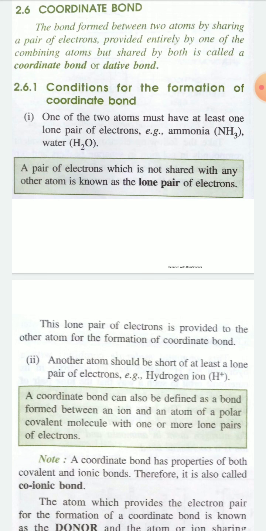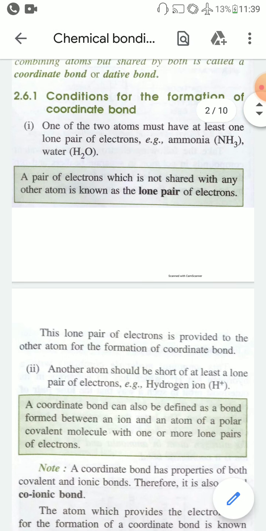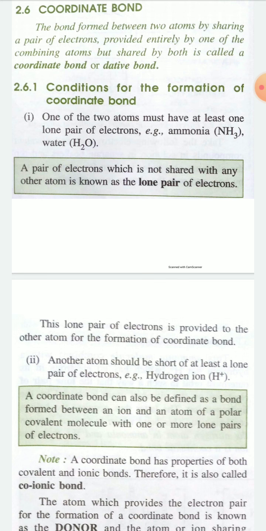Now, conditions for the formation of a coordinate bond. In a coordinate bond, one combining atom will share a pair of electrons, meaning a lone pair of electrons, with another atom. So one combining atom should have a lone pair of electrons, and the other atom must have some deficiency in electrons.